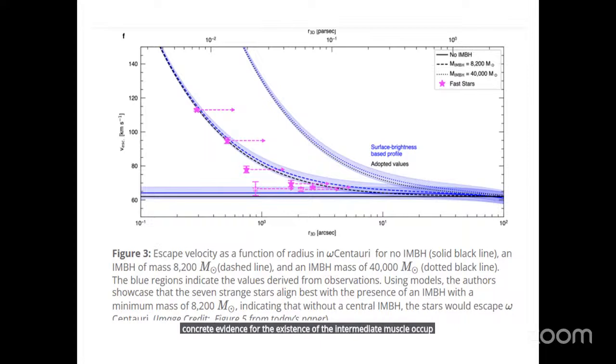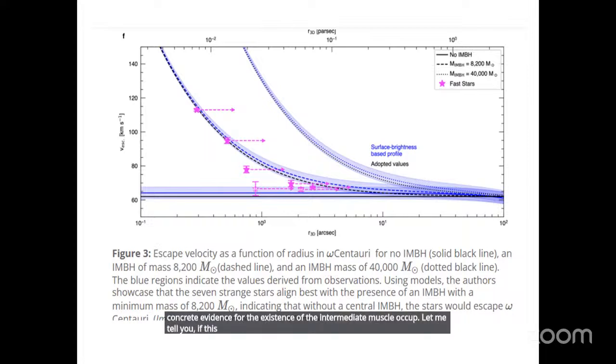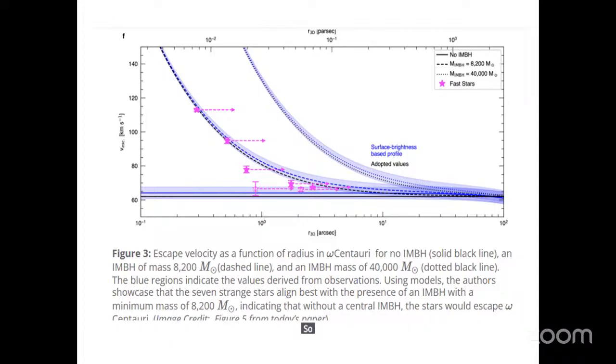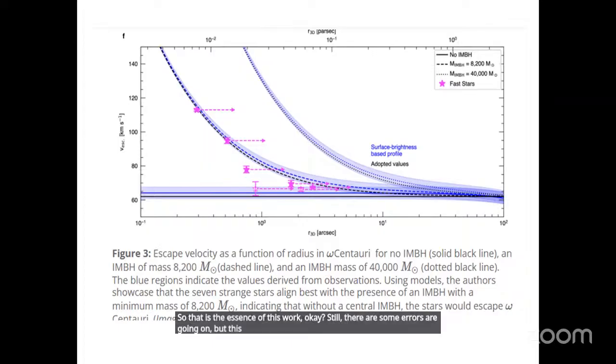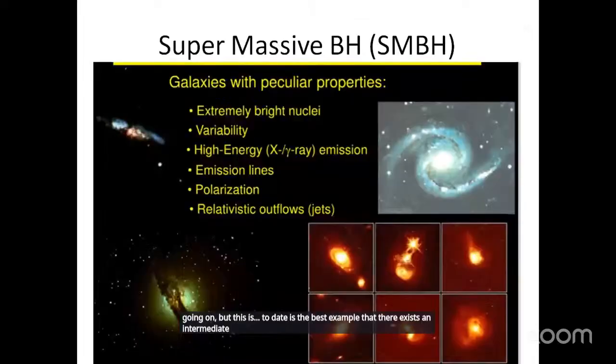Let me tell you, if this group or any other group can confirm this, maybe after 10 years this work can be nominated for the Nobel Prize. So that is the essence of this work. Still, there are some errors, but to date this is the best example that there exists an intermediate mass black hole.